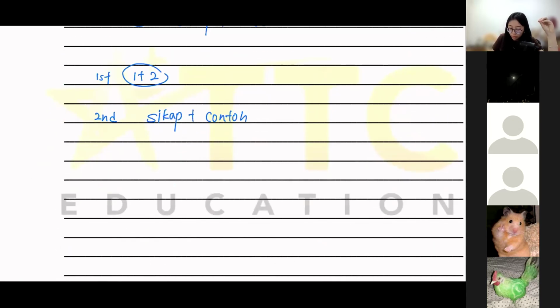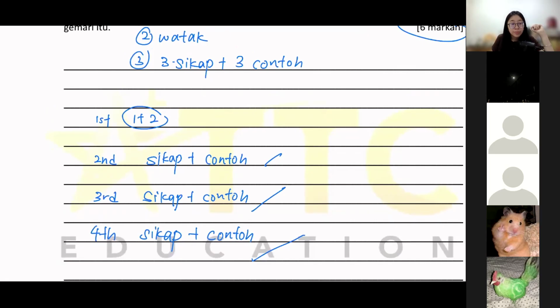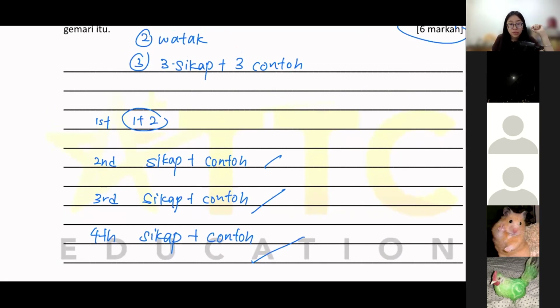Then the third one, sikap plus contoh. Then the fourth paragraph, sikap plus contoh. This one don't need penutup. Because why you split the 3 sikap here is because easy for teacher marking your paper. Can?